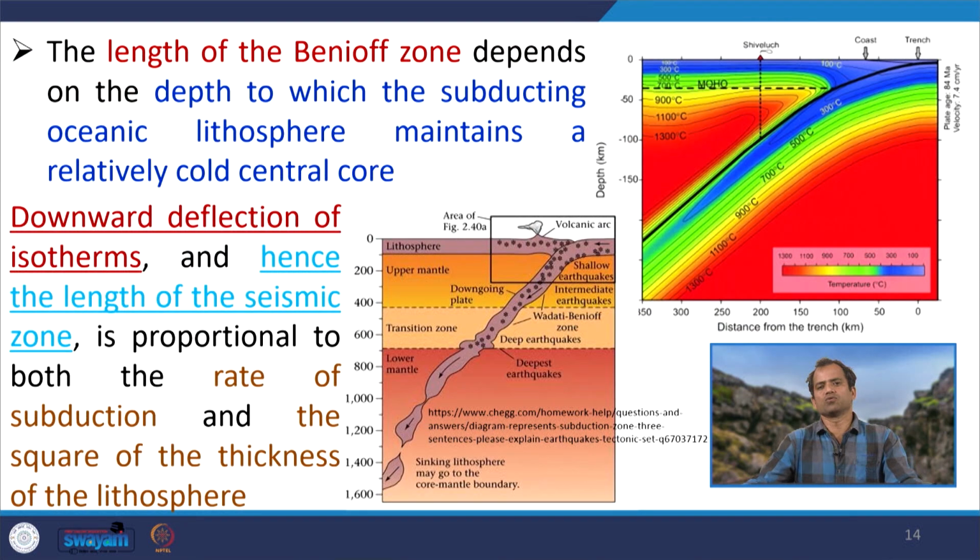The length of the Benioff zone depends upon the depth to which the subducting oceanic lithosphere maintains its relatively cold core. How is it happening? Above, we have discussed the heat transfer. Heat is being transferred from the surroundings into the subducting slab, and gradually it decreases its rigidity.